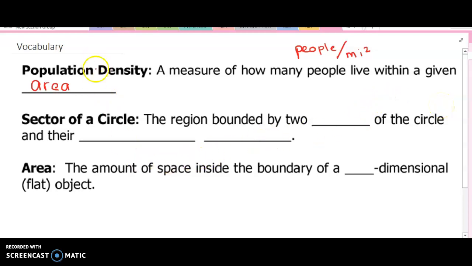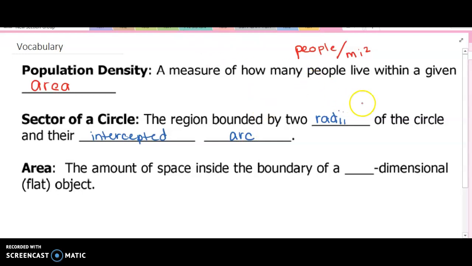So a sector of a circle, guys, is the region bounded by two radii, which is just the plural of radius, of the circle and their intercepted arc. This one is a lot easier to see in a picture.